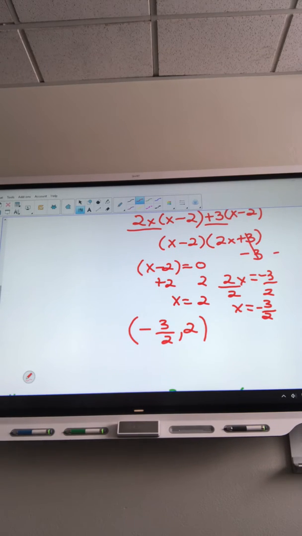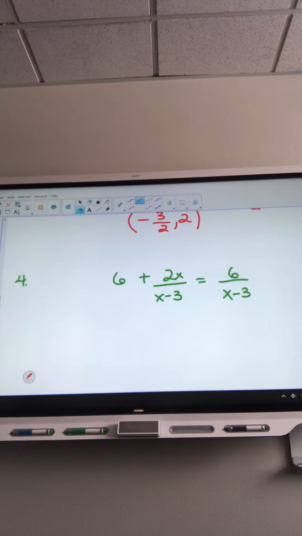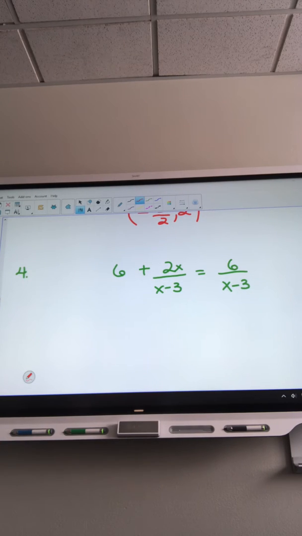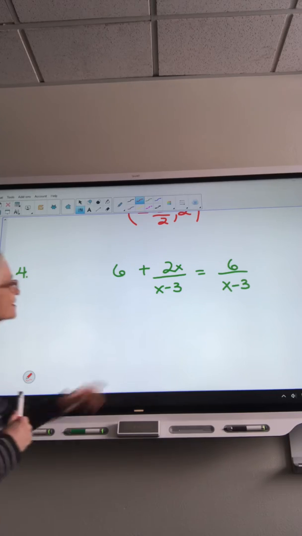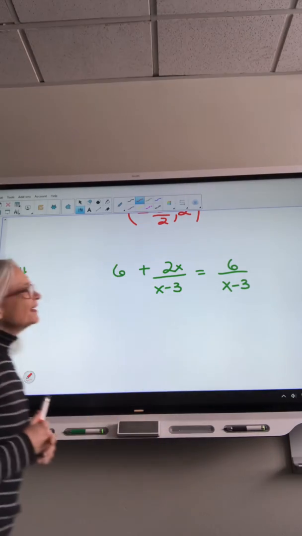Okay, so our next problem is 6 plus 2x over x minus 3 is equal to 6 over x minus 3. So the common denominator is going to be x minus 3. This is kind of an easy one to figure out.